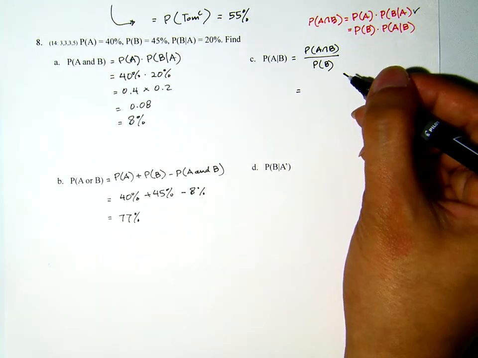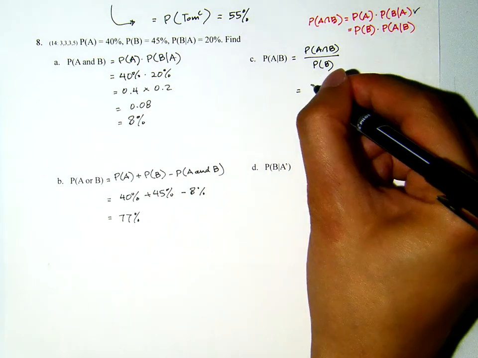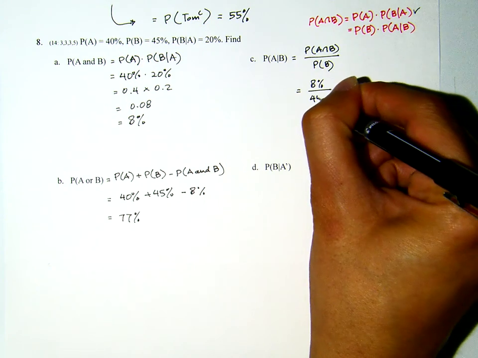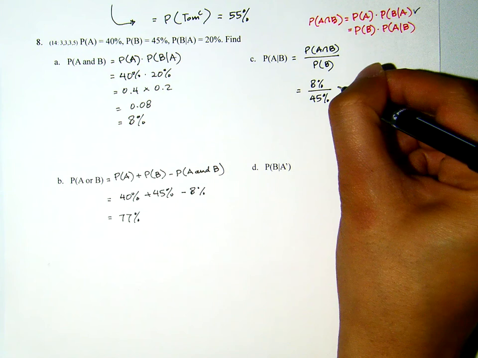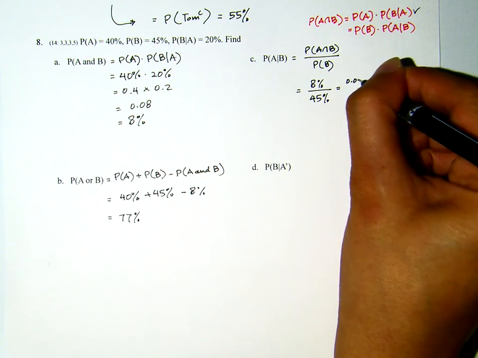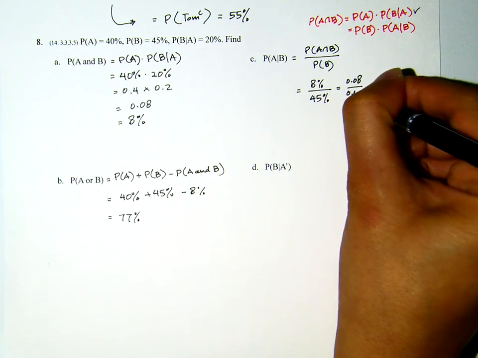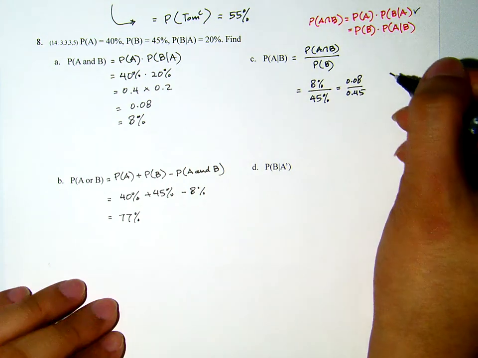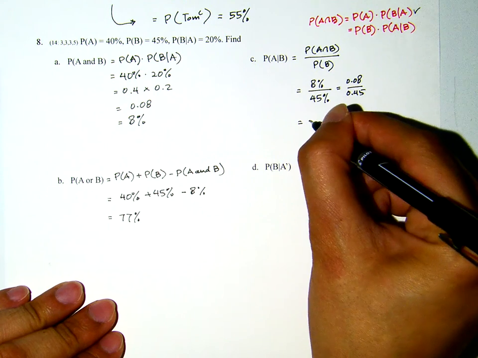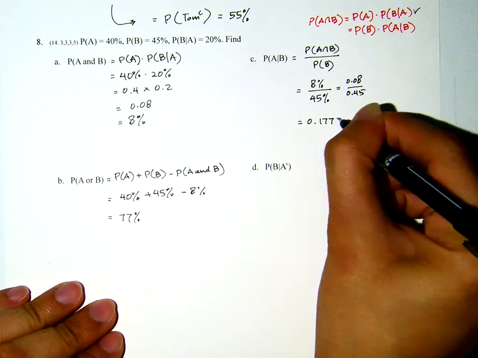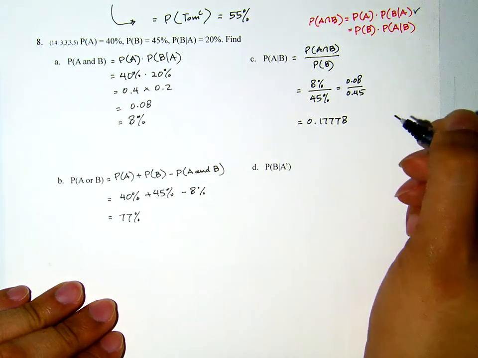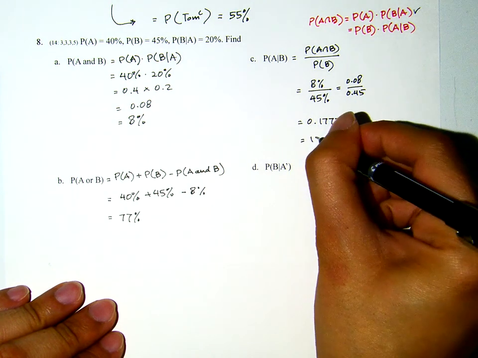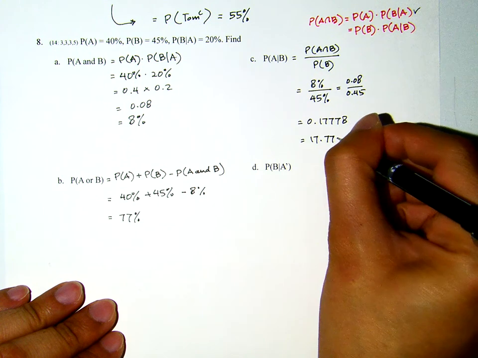And according to what we have from part A, the top is 8% and the bottom is 45%. That's 0.08 over 0.45, which if I use my calculator, I get 0.17778. I round it to 5 decimal places, or in percentage, that will be 17.778%.